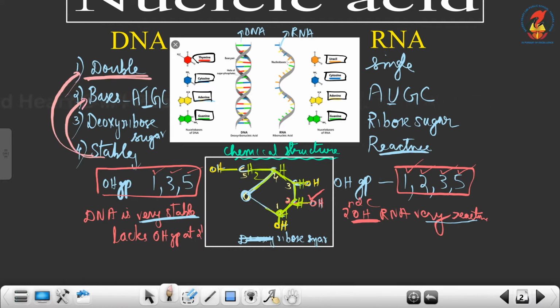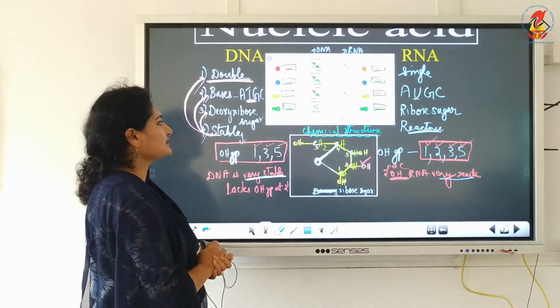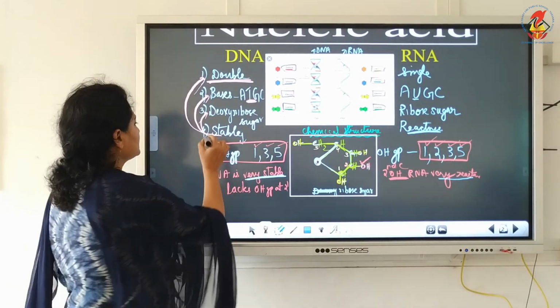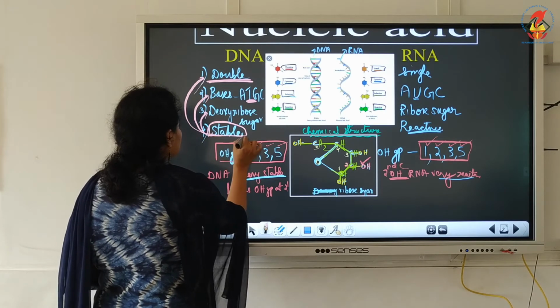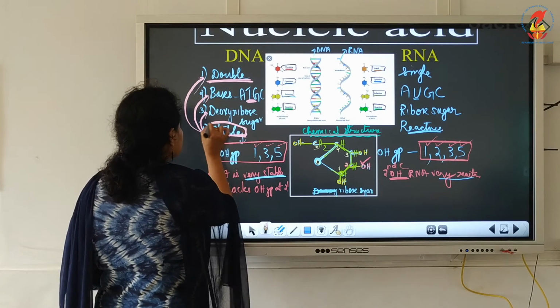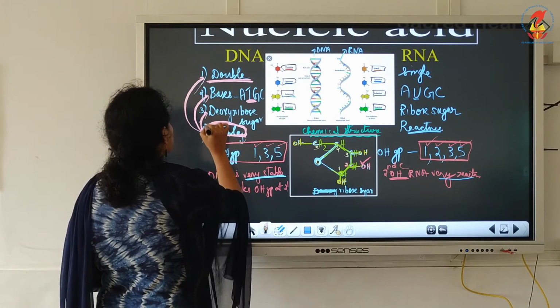Then the base T instead of U makes it very stable. And the third reason is the deoxyribose sugar lacks the hydroxyl group at the second carbon atom. So that confers stability. So the fourth feature is very stable. DNA is very stable, and the reason for the stability is all the other 3 features.